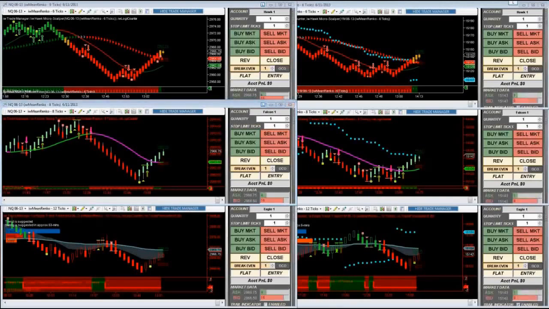Here's a question. What account size is needed to trade the multiple markets as shown? Excellent question. Because we're day trading these markets, the tick size is going to be paramount in determining how many of these markets you're able to trade.